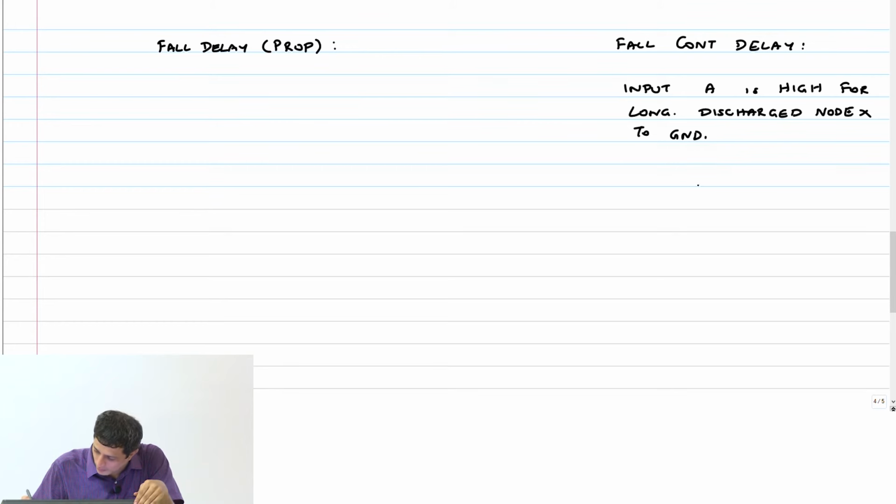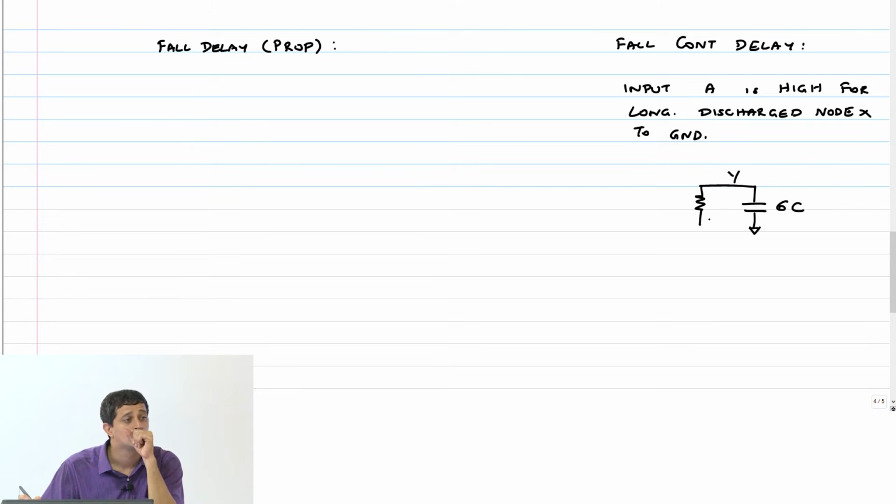Therefore, if you look at the equivalent RC circuit, you have the node Y with a capacitance of 6C. You have a resistance of how much?